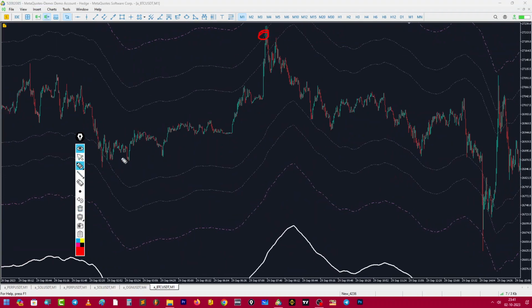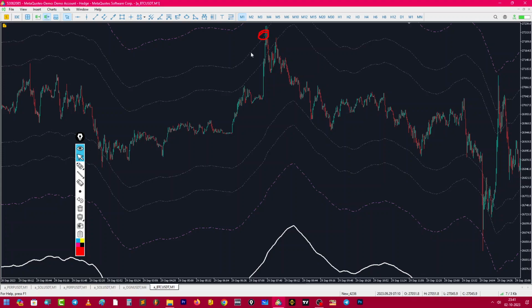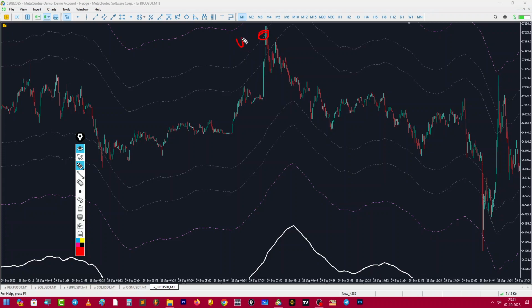This level, you can just hover your mouse over and you can see it's U2. Okay, so U2 is where price touches, and then it should go to D2, this level. So if you are holding your short here, you have to wait until price reaches this level.